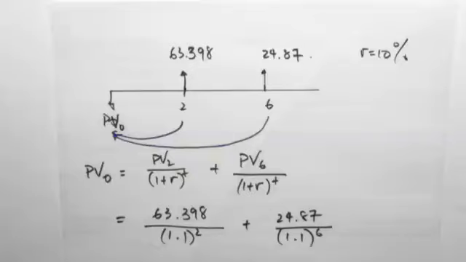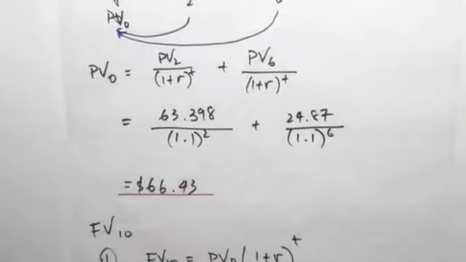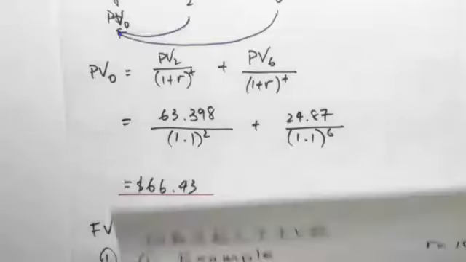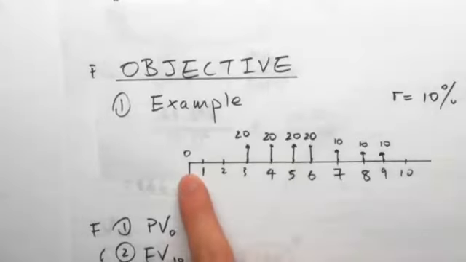And once we do that, we just add them both together, and we get that the present value is $66.43. Okay, so this is how we find the present value of the annuity that we have shown in the example. So this is how we calculate the present value at time 0.